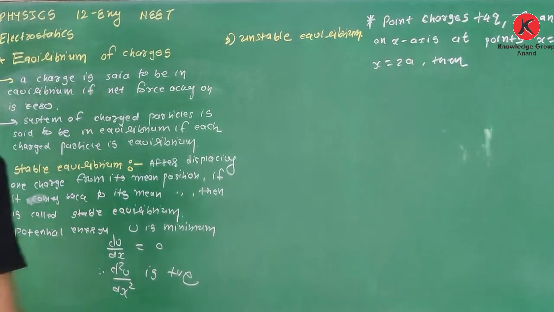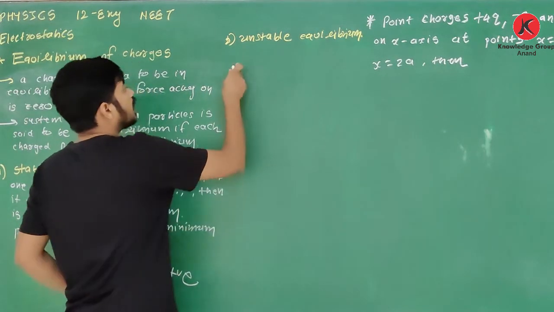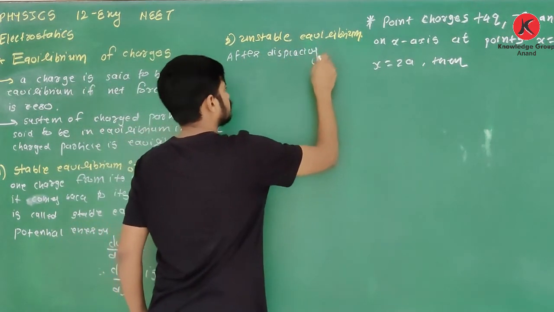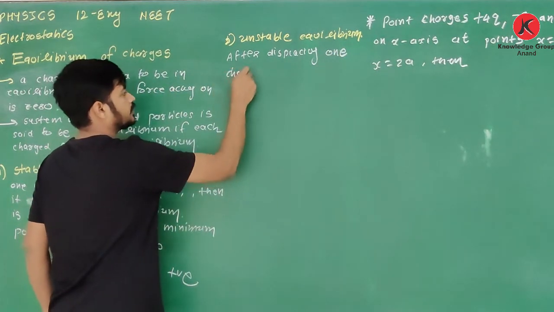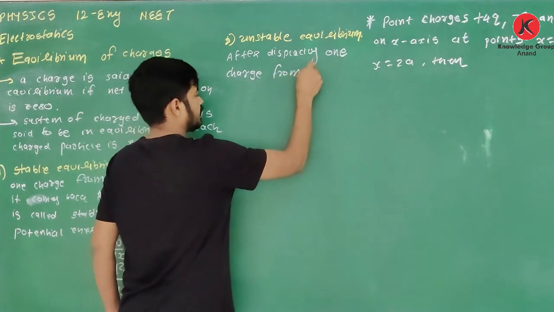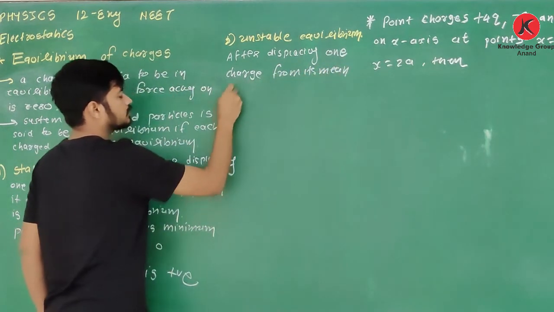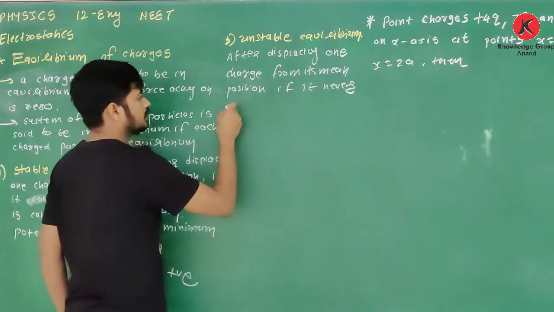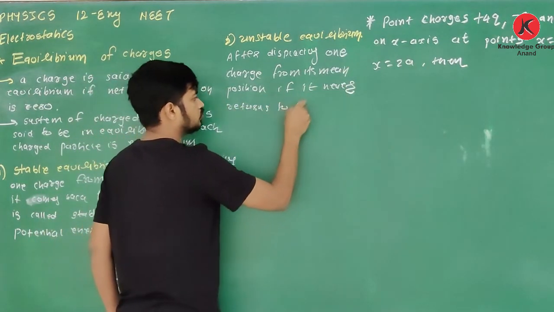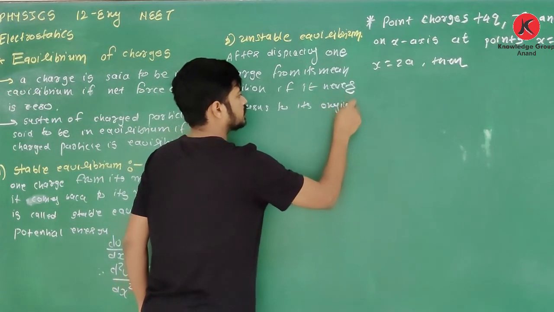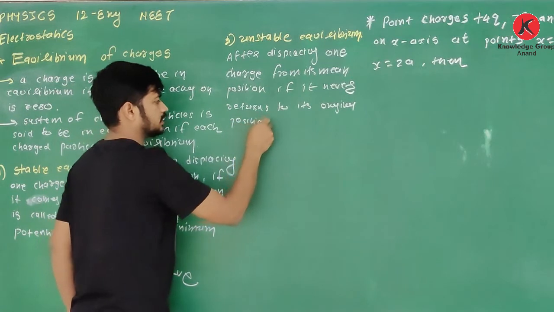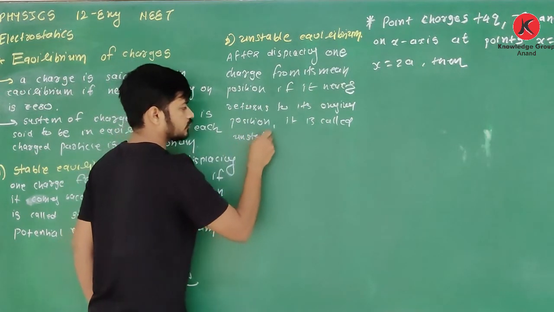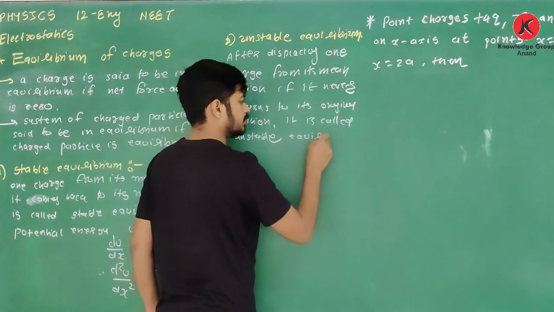See how to write: after displacing one charge from its mean position, if it never returns to its original position, it is called unstable equilibrium.